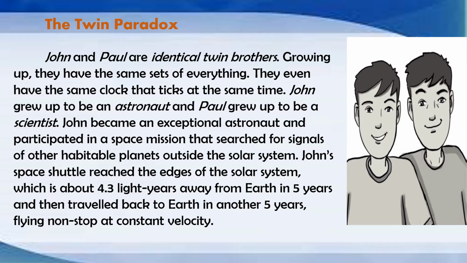John's space shuttle reached the edges of the solar system, which is about 4.3 light years away from Earth, in 5 years, and then traveled back to Earth in another 5 years, flying nonstop at constant velocity.